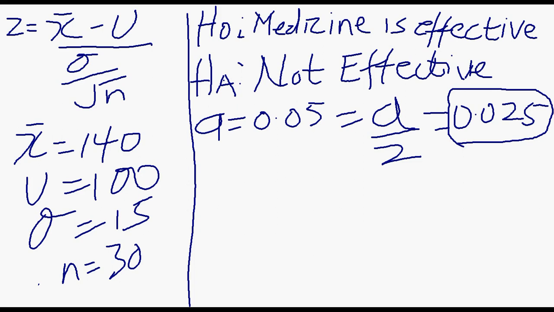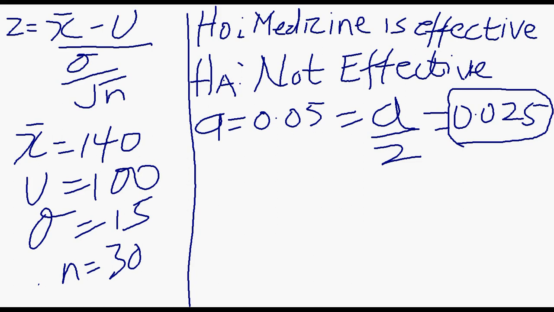So 0.025. 1.96. Eh? 1.96, right? You get Z is equal to 1.96.